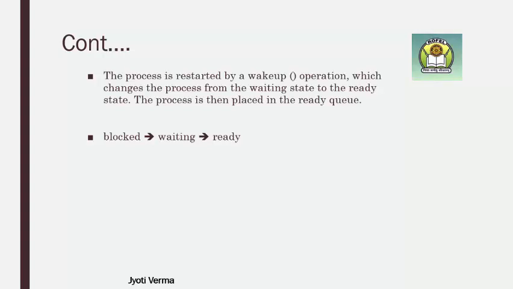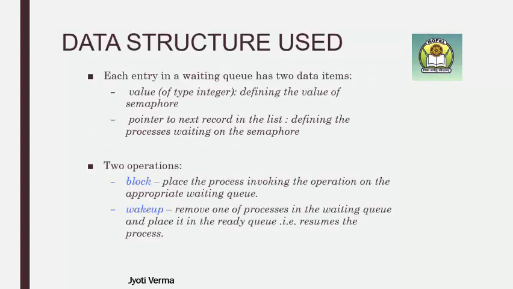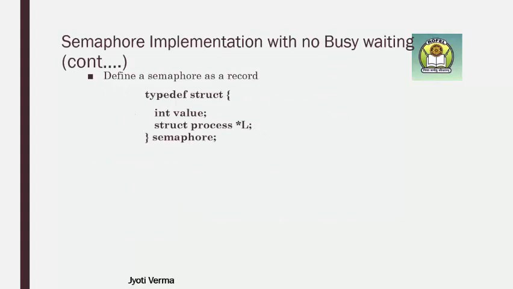The data structure used in such an implementation: each entry in a waiting queue has two data items: value, defining the value of semaphore; pointer to the next record in the list, defining processes waiting on that semaphore. The two operations are: block, place the process invoking the operation on the appropriate waiting queue; wakeup, remove one process in the waiting queue and place it in the ready queue, that is, resume the process.